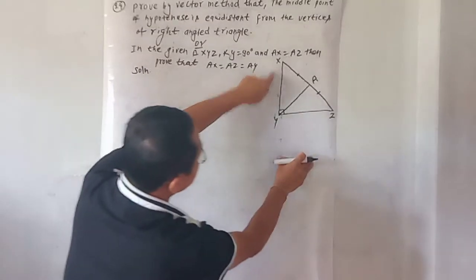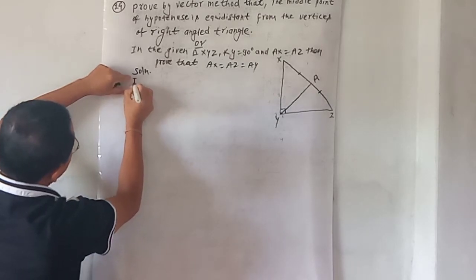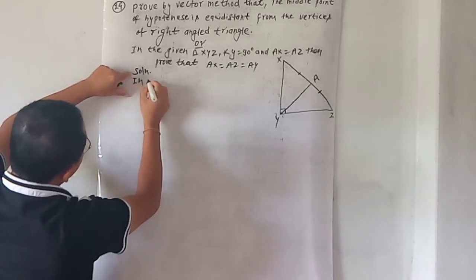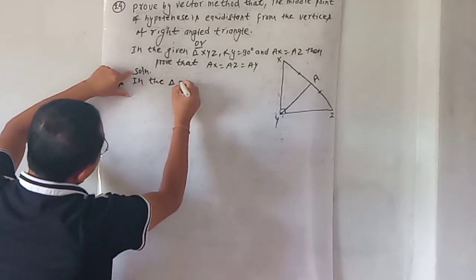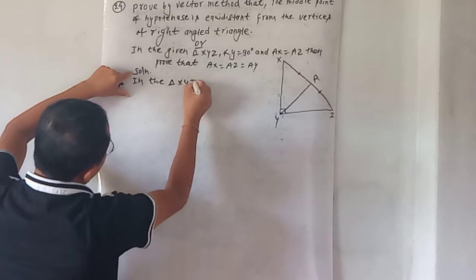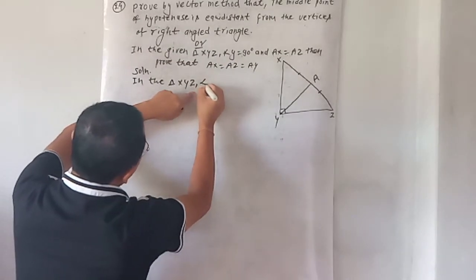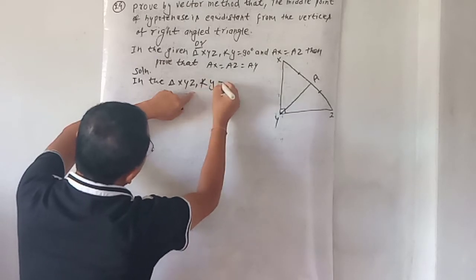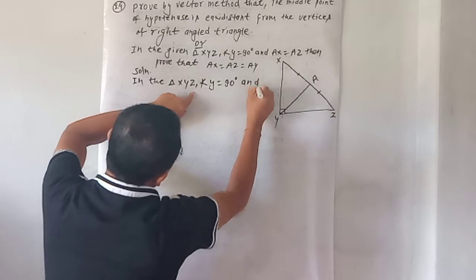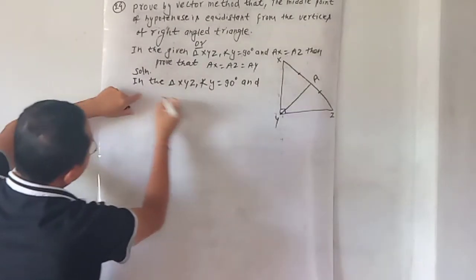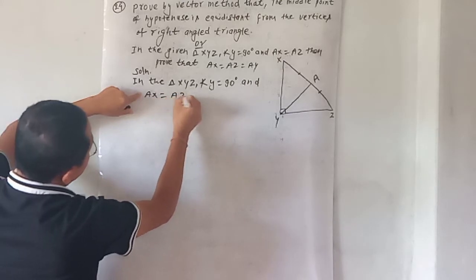XYZ is a right angle triangle. In the triangle XYZ, angle Y is equal to 90 degree and AX is equal to AZ.